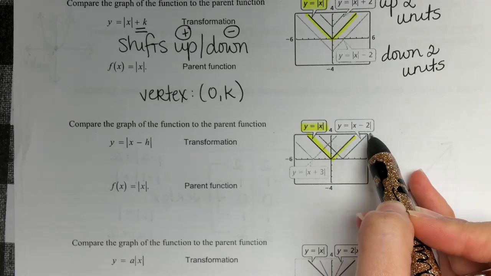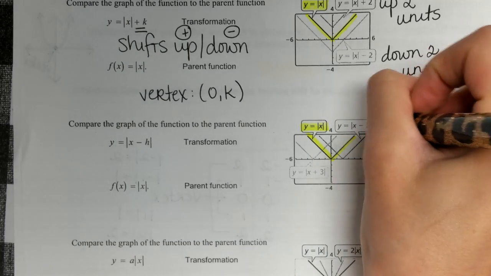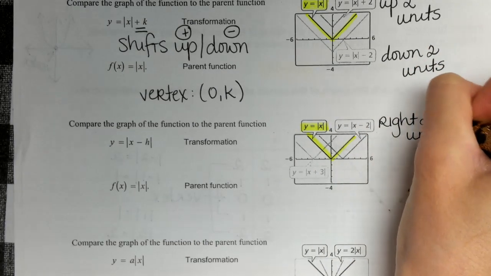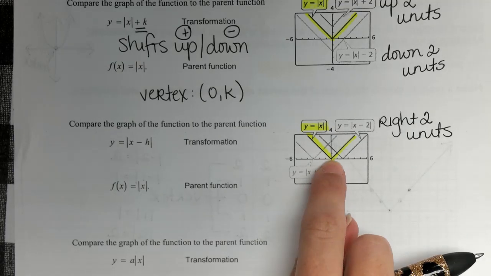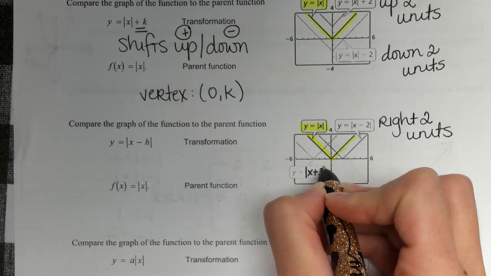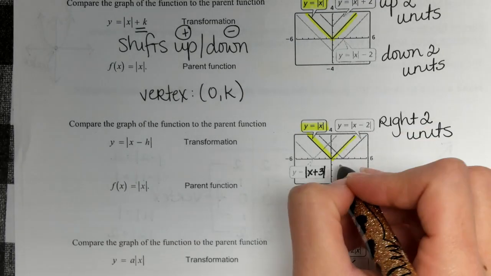Okay, where did it go? It went right 2. And if I look at my parent function compared to the absolute value of x plus 3, where did that function go? What happened to my graph? It went left 3 units.